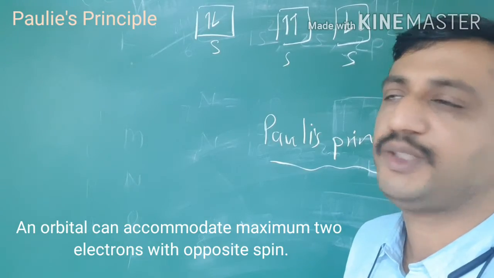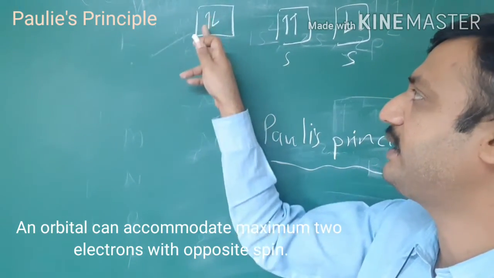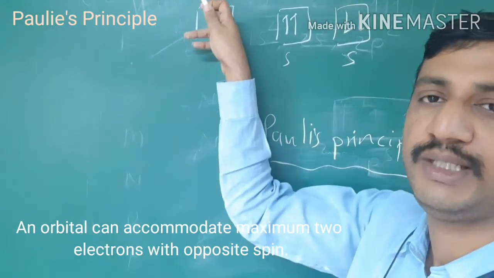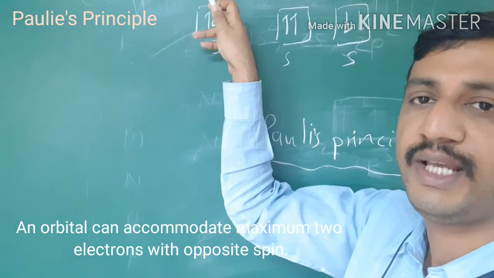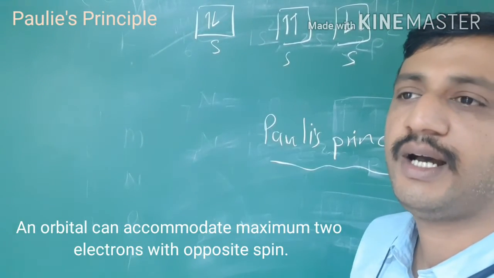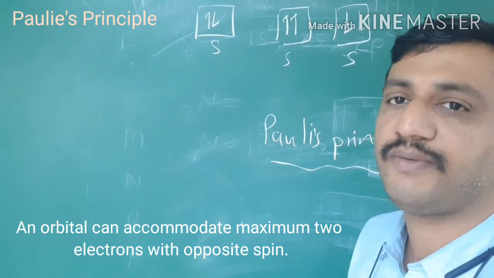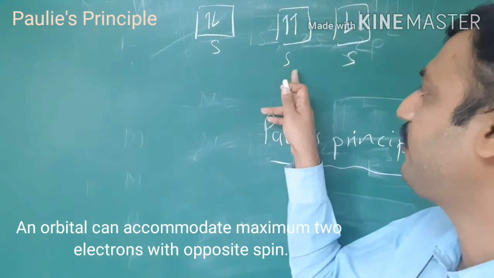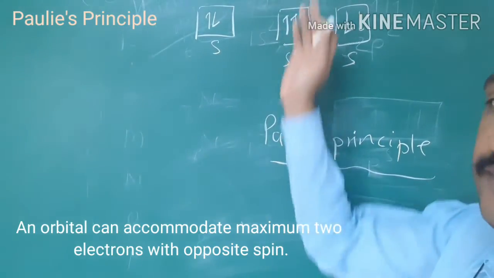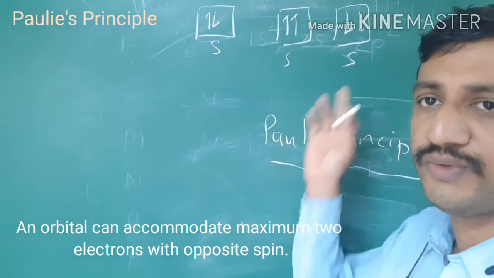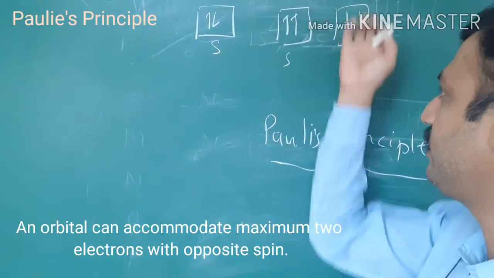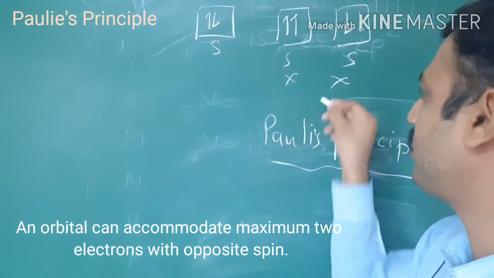Suppose electrons are to be shown in the s subshell, we should show it like this. If we want to show 2 electrons, one is an upward directed half-headed arrow, and another should be a downward directed half arrow. Suppose anyone says that both electrons have the same spin, no, it's wrong. Either both upward or both downward, no, it is a wrong representation.